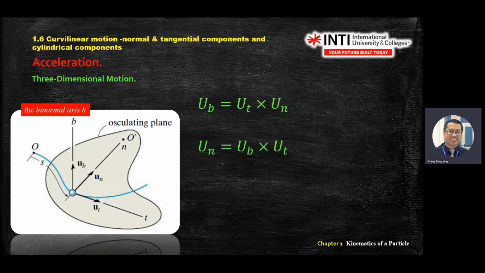So you want to find UN. How do you do it? You curve your fingers, so you cross UB to UT. Then you do the mathematics steps. Right hand rule, we will look into this maybe after week 7, after we are done with particles.